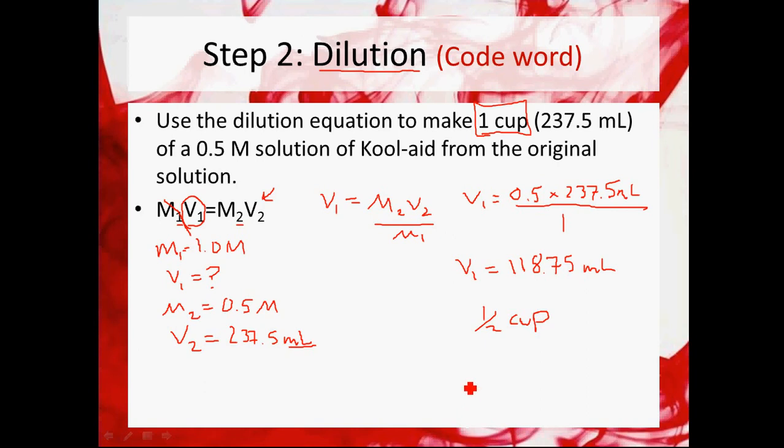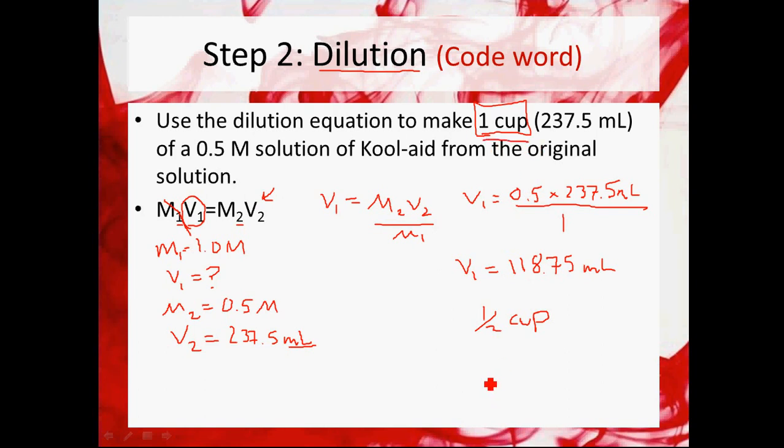So in order to make your second solution, you already have your Kool-Aid sitting there. I won't tell you if it's concentrated or not. Your first solution that you made, you need to measure out 1/2 cup of that solution, and then you're going to have to add another 1/2 cup of water to dilute it down.